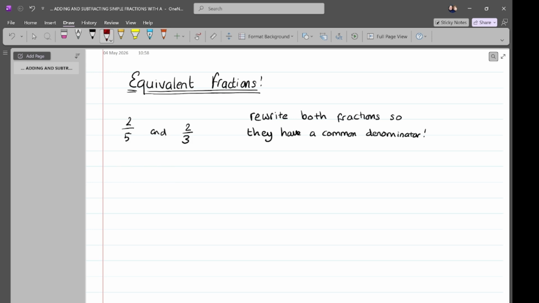We can see we've got 2/5 and 2/3. So I'm going to multiply all of this by the bottom of this fraction here. So 3 times 2 is going to give me 6 on the top. 3 times the 5 is going to give me 15.